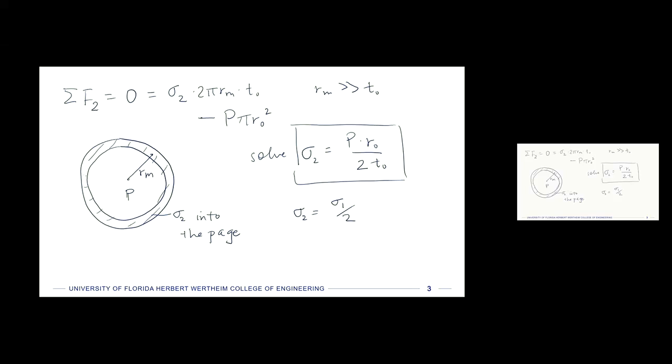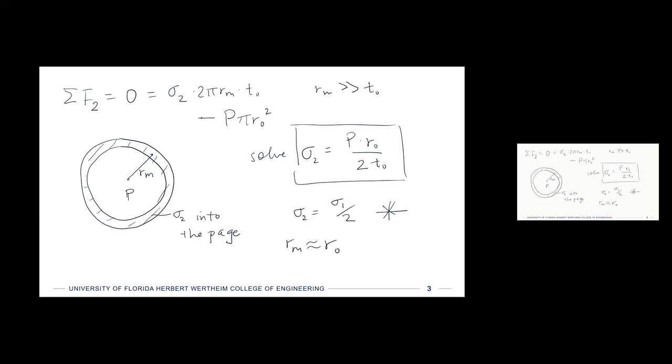And I forgot to say, we also are going to take that the mean radius is kind of equivalent to that initial radius R naught, because they're both much bigger than T. Okay, so we'll take a note that our longitudinal stress is simply half of our hoop stress.